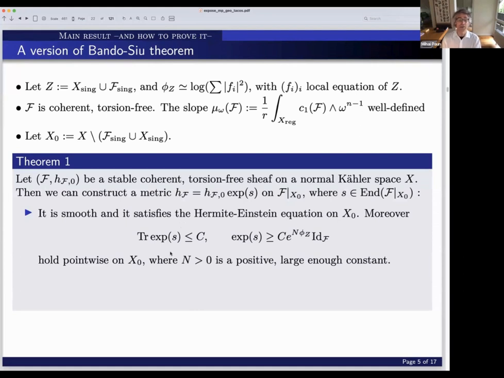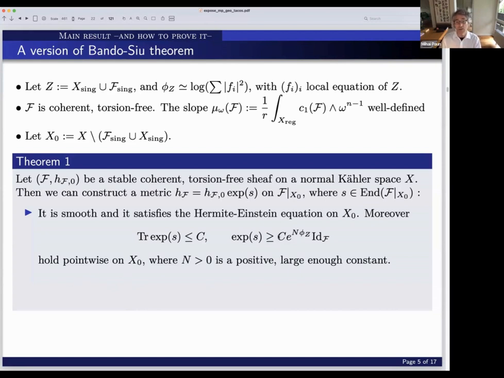Moreover, we have some estimates, not fantastic, but not too bad either, in the sense that the difference between these two metrics, that is to say the exponential of the endomorphism, is in the first place bounded from above by a uniform constant, which is good, but then the lower bound is a bit less fantastic, has some zeros, on X0.